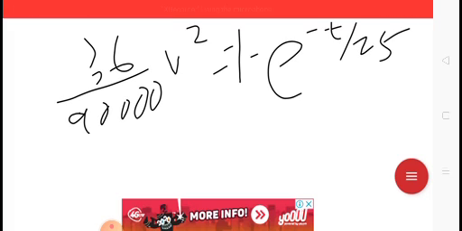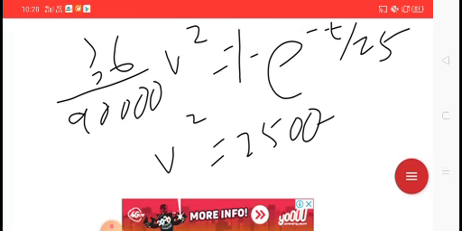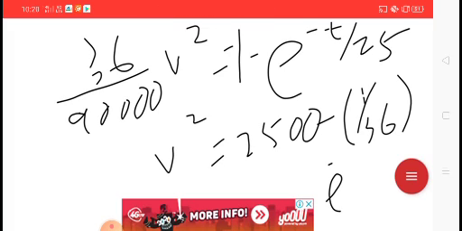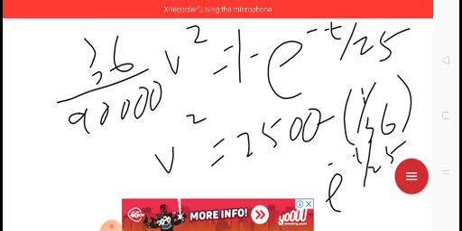And you will get v squared is equal to 2500 minus 1/36 e to the negative t over 25. So this is the equation required by the question, D part 2.